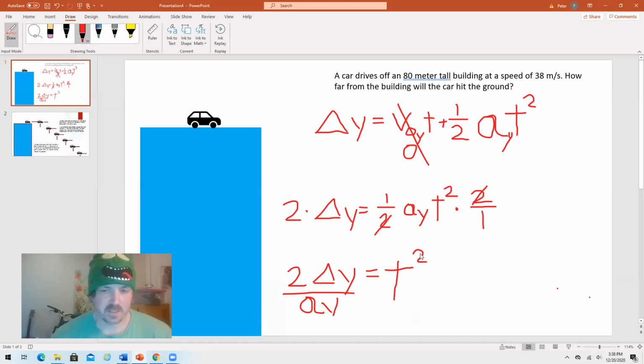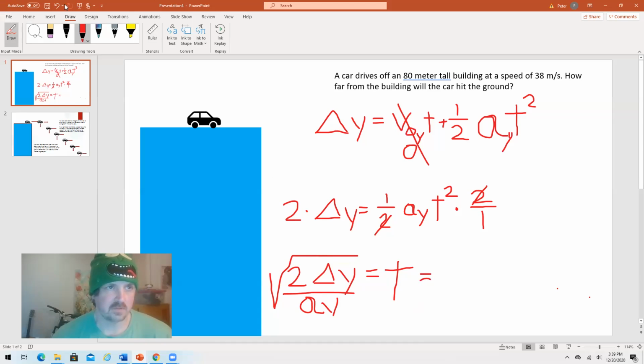If you want to get rid of that square, all we need to do is take the square root of both sides. Square root of t squared is simply t. And then there we go. There is our t. There is our equation for solving for time. And now we can simply plug in some values to these variables.